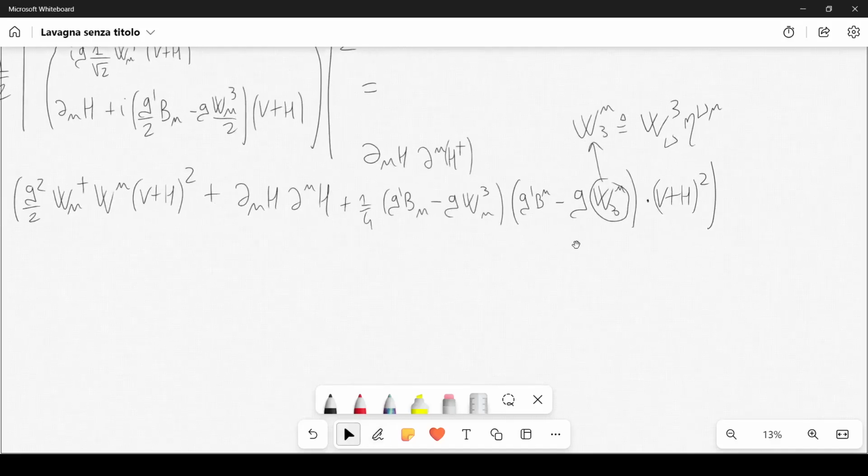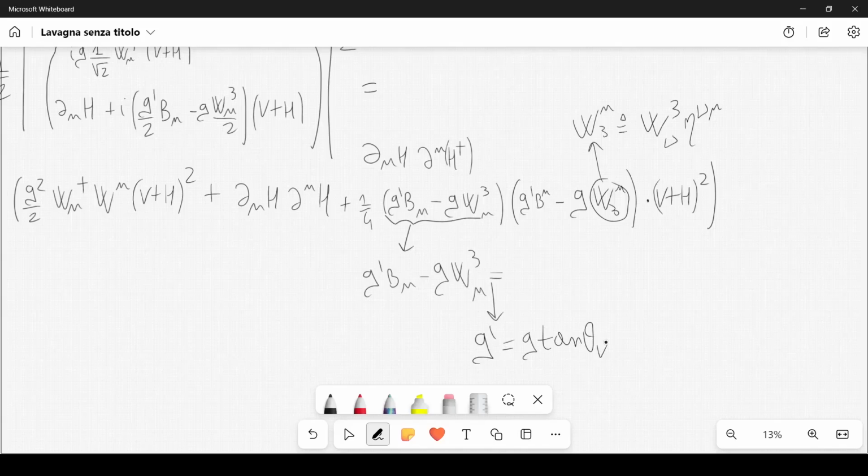Now we can also rewrite this term, in particular g prime b mu minus g w3 mu. You have to remember the fact that g prime is equal to g times the tangent of this angle theta w, which is the Weinberg angle. Theta w is the angle by which a spontaneous symmetry breaking rotates the W-B boson plane to produce the Z boson plus the photon.